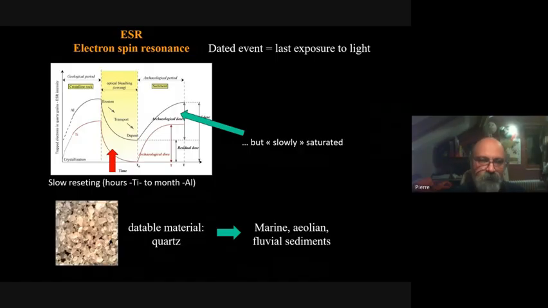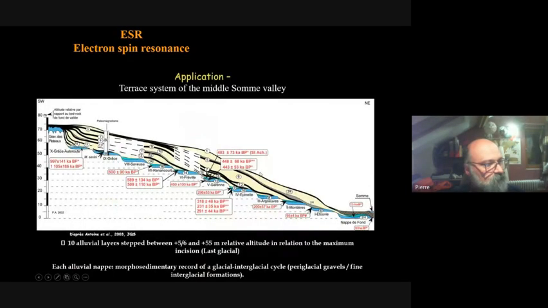And it is possible, using OSL, or titanium or aluminum in ESR, to give a complete evolution of a stratigraphy and a very complex sediment deposit. This method allows, you see here, to date different alluvial terraces, for example, covering all the Quaternary period.